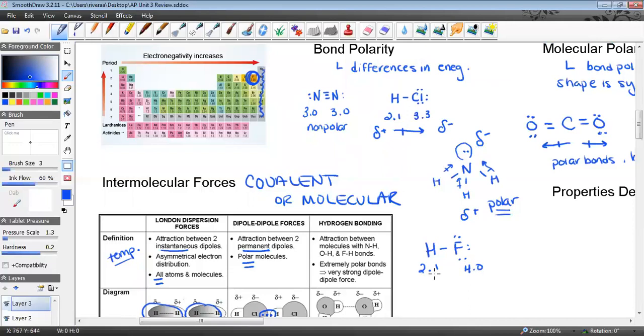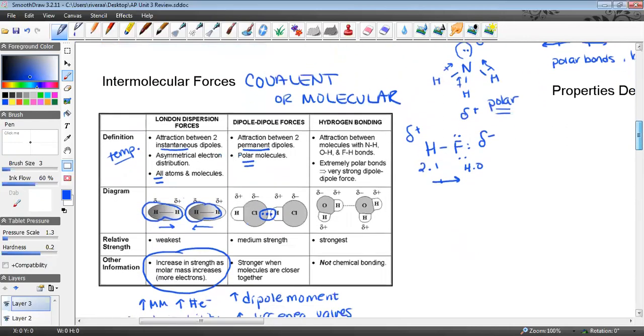This difference in electronegativity is much greater. So that's going to make my negative dipole on fluorine a lot greater and my positive dipole on hydrogen a lot greater than they were in the hydrogen to chlorine. So you can think of this as a super beefed up, strongest of the dipole-dipoles. And those we call hydrogen bonds.